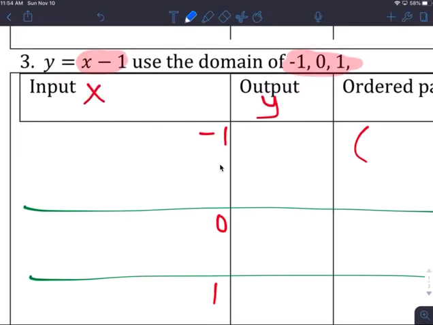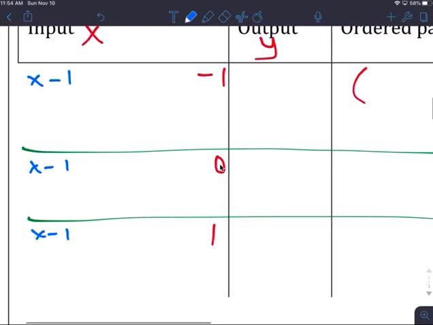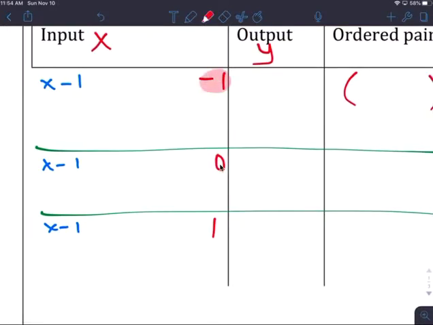And you got this problem of x minus 1. Okay, you put this -1 in here. So -1 plus a -1 is a -2. So your ordered pair is -1, -2.